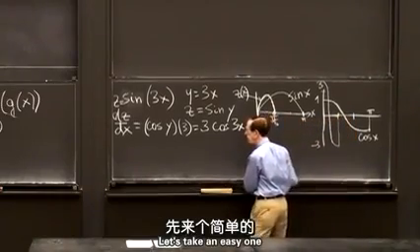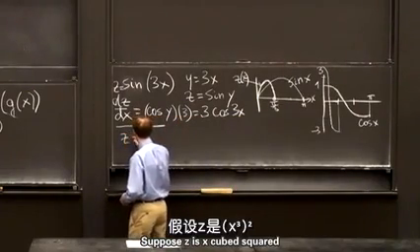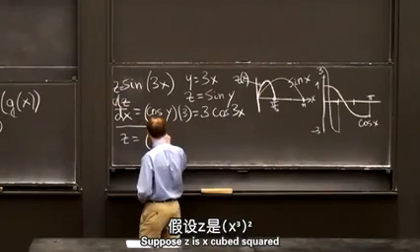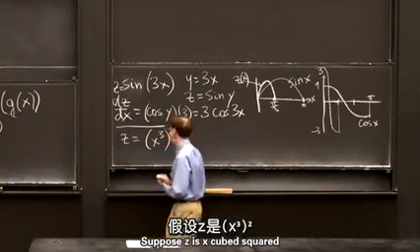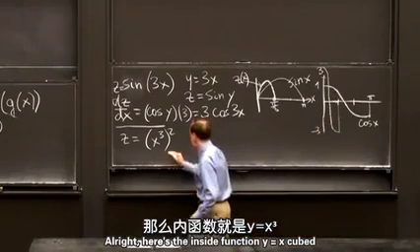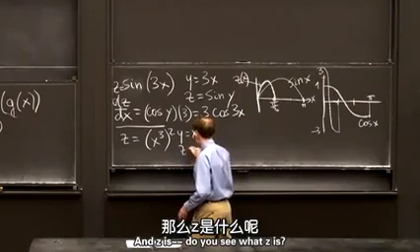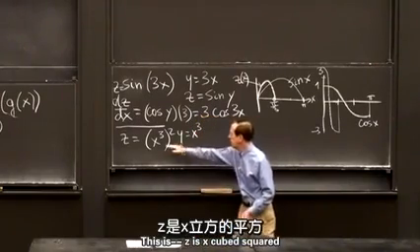All right. Let's take an easy one. Suppose z is x cubed squared. Here's the inside function. Y is x cubed. And z is, do you see what z is?